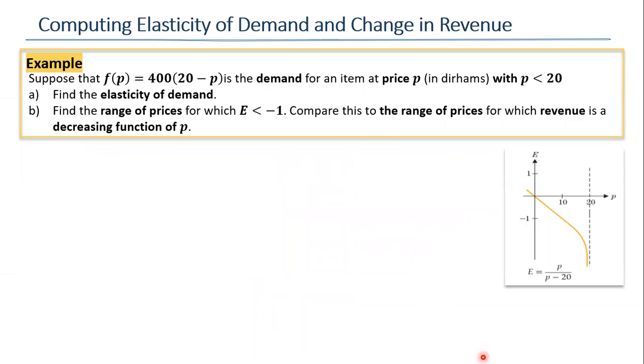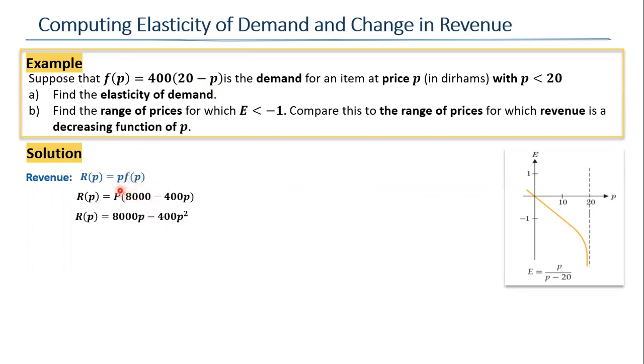We'll complete on another slide. Revenue R of p equals price times demand. So p times f of p equals p times 400 times 20 minus p: 400 times 20 is 8,000, 400 times negative p is negative 400p. Now we must expand the brackets. p times 8,000 is 8,000p, p times negative 400p is negative 400p squared.